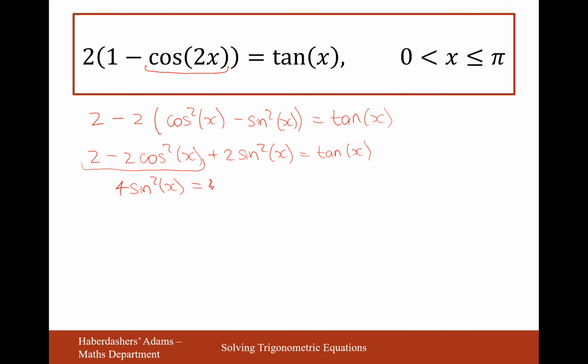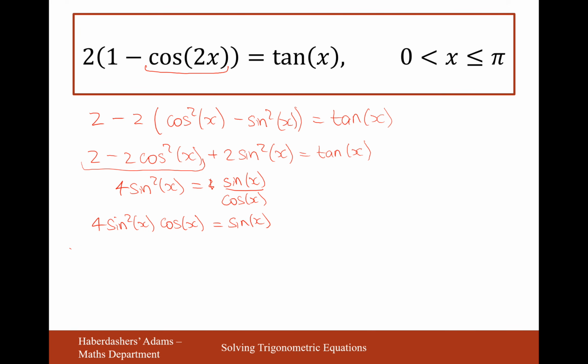Now tan x is sine over cos. So if I now multiply both sides by cos, I'm going to get 4 sine squared x cos x equals sine x.